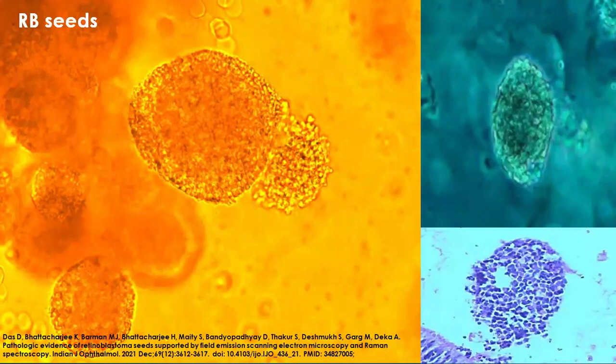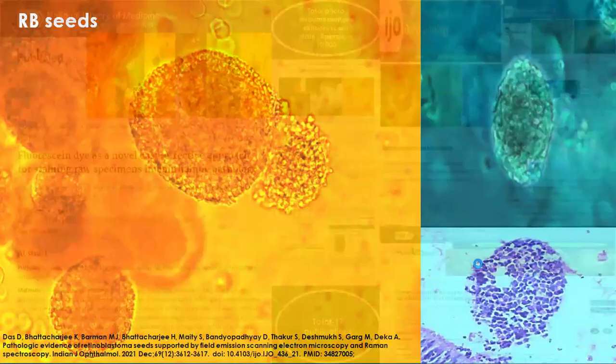But if the pH is 4, which is acidic, you get an orange color, and if the pH is 8, you get a green color. So in documentation, you can make permutations and combinations of this and get a better picture of your raw specimen. And this is an H&E section of the seedings.